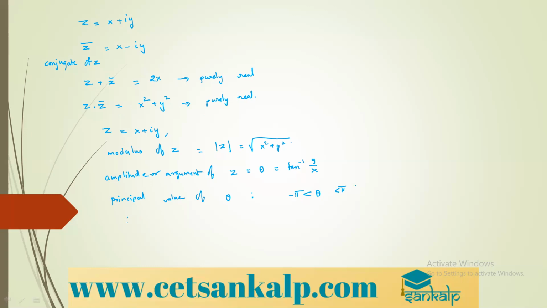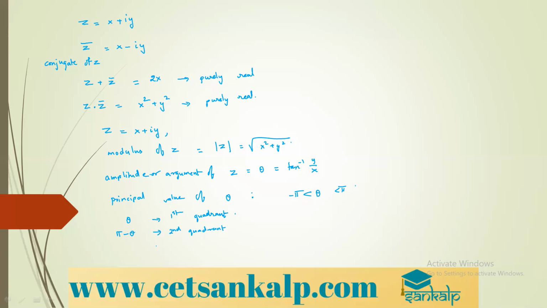So, if theta is taken in the first quadrant, then it will be theta only. In the first quadrant, it will be measured as theta. But if you want to measure theta in the second quadrant, you have to take the angle as pi minus theta.